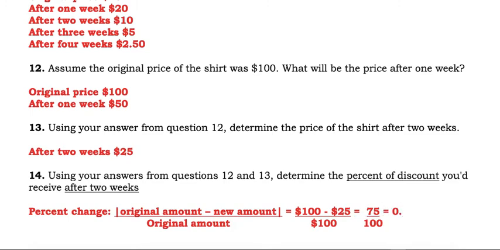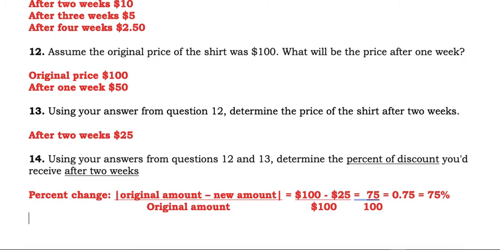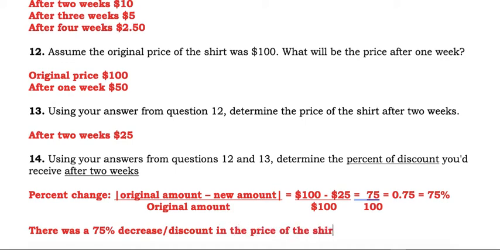When you divide, this gives you 0.75, which is 75%. That was the answer. So there was a 75% decrease or discount in the price of the shirt after 2 weeks.